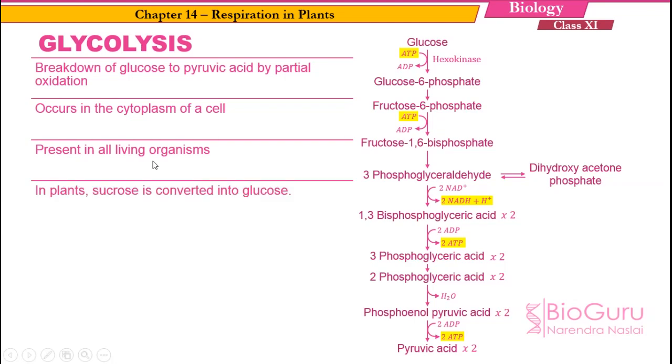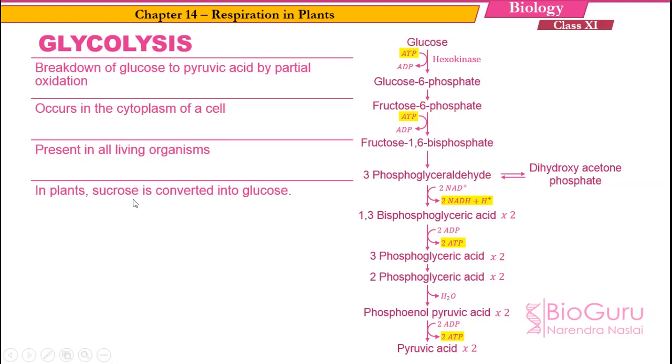Clear? Next, in plants, sucrose is converted into glucose. We know that in plants, during photosynthesis, glucose is produced, right? And that glucose will be converted first into sucrose. So plants translocate food in the form of sucrose from leaves to roots and vice versa.